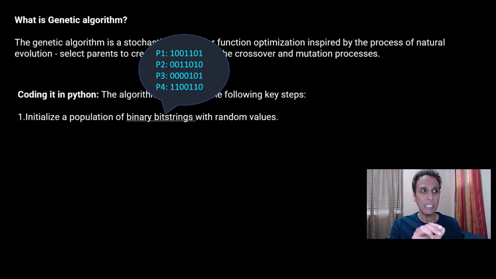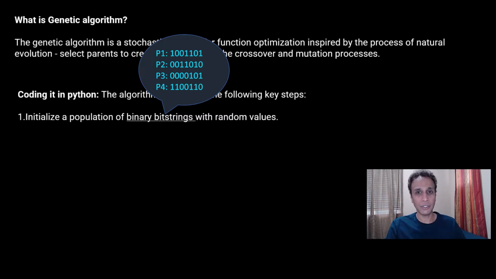So first, we initiate a population of binary strings with random values. You can do this without binary strings, but in most examples, it makes life easy if you define a population of binary strings and find a way to map this binary string to the real values that you're trying to optimize. Meaning, decode the binary strings into real values.